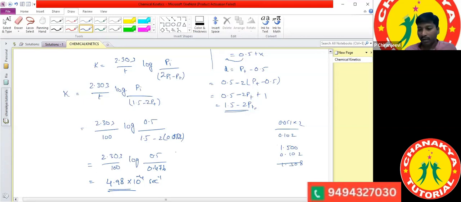Now only I'll tell you here. 0.5 divided by 0.476, you will get 1.05.